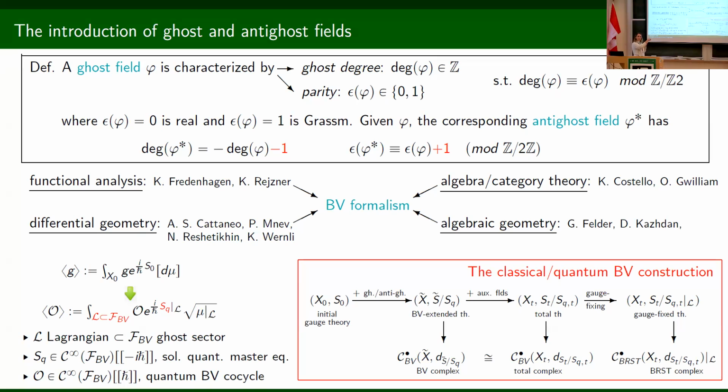And I tune these two parameters, my sub-Lagrangian and my new action, in such a way that I find an action functional with isolated critical points. And then I know how to solve this. I just apply the stationary phase approximation. So the BV formalism is what tells you how to tune these two parameters to find a new sub-Lagrangian where your action functional has isolated critical points. That's somehow the essence.